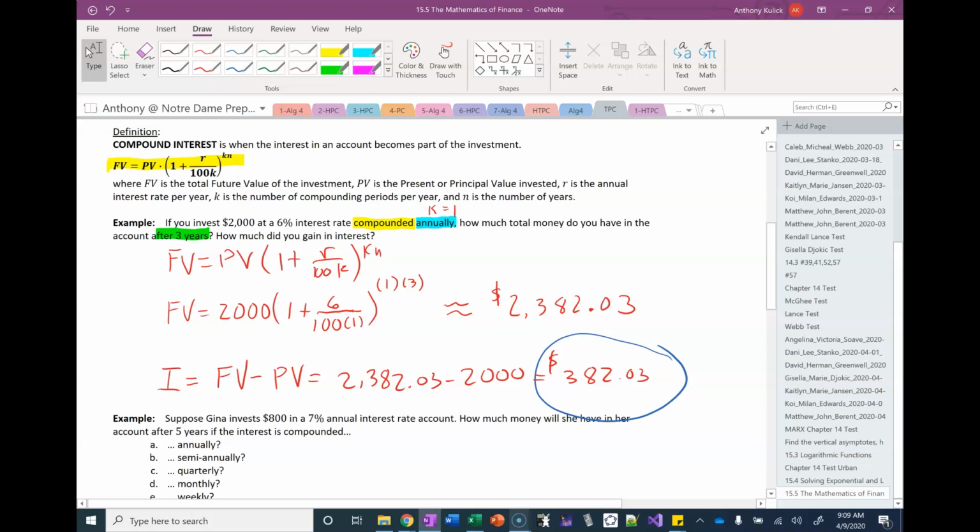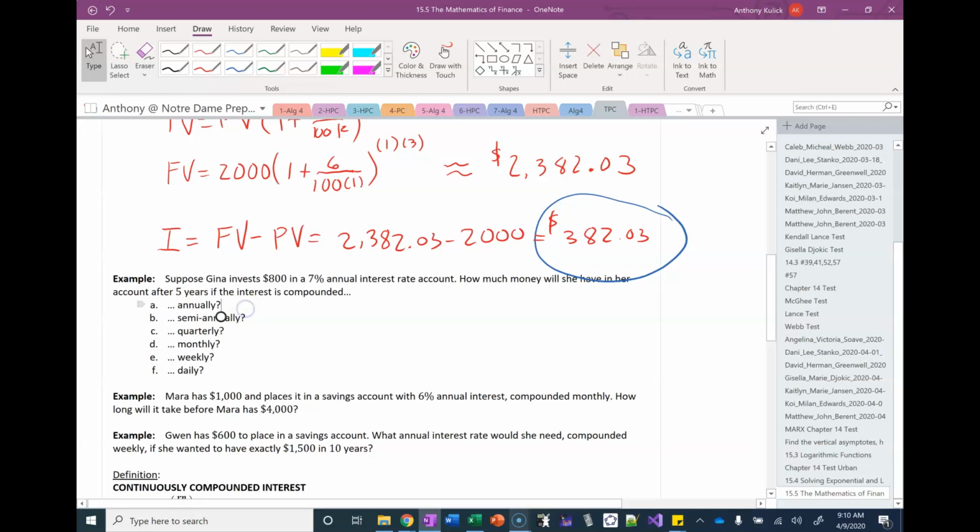That additional $22 came from the interest on the interest. So going from year 1 to year 2, we then had $2,120 in our account, so we earned interest on that instead of just $2,000. So that's why it's a little bit more.